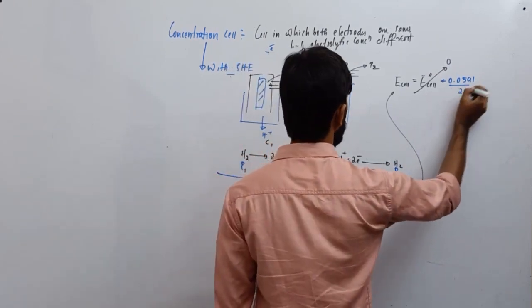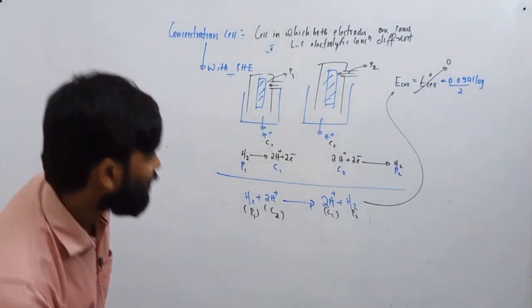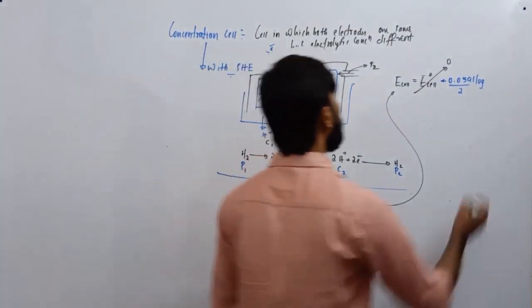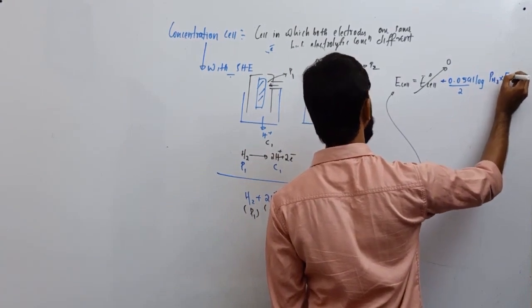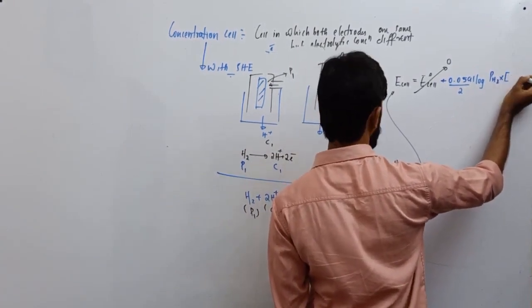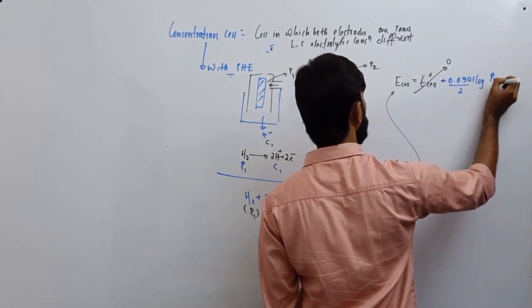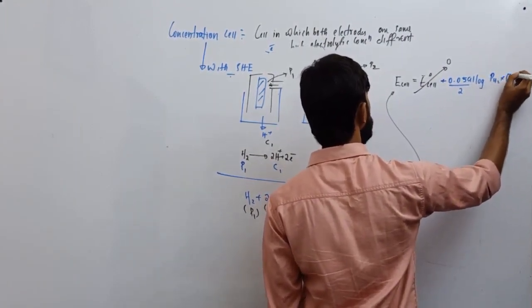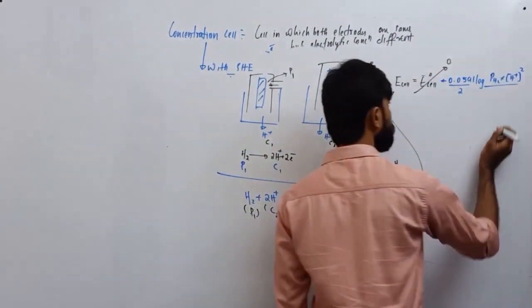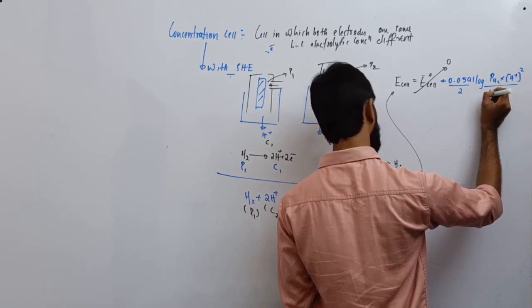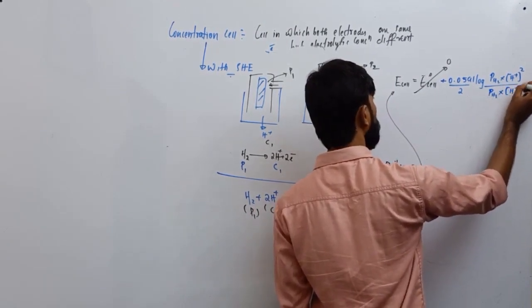Log of reactant: the partial pressure of hydrogen times the concentration of H+ squared, divided by product: the partial pressure of hydrogen times the concentration of H+ squared.